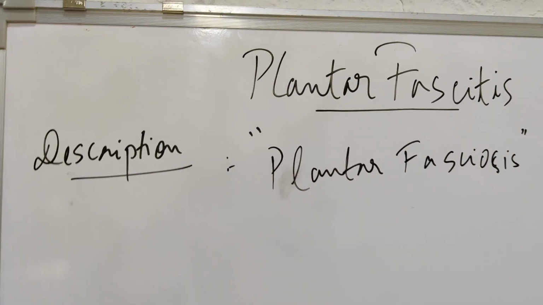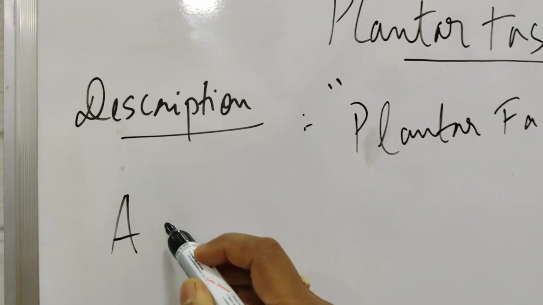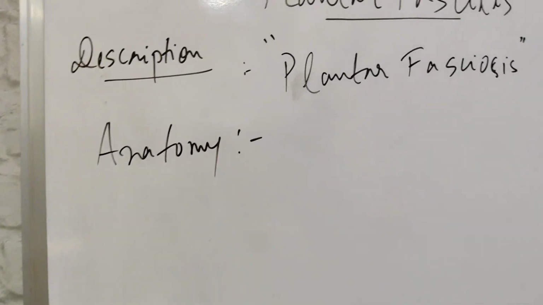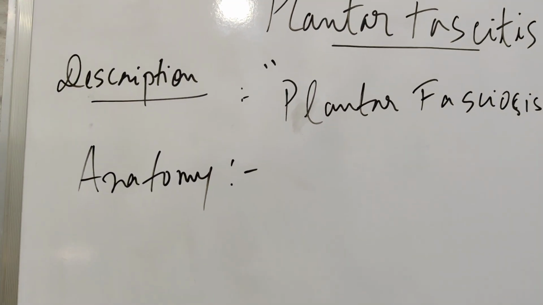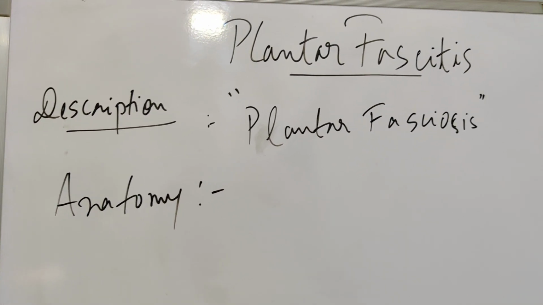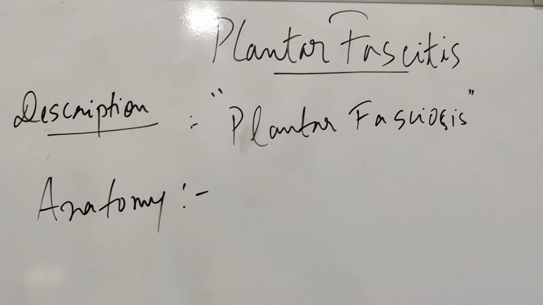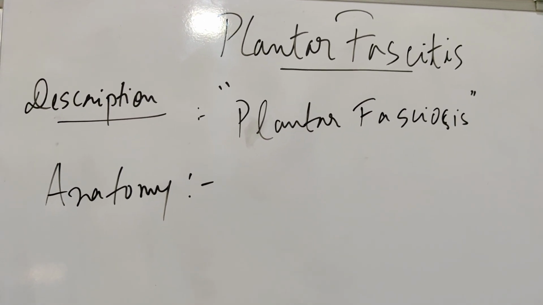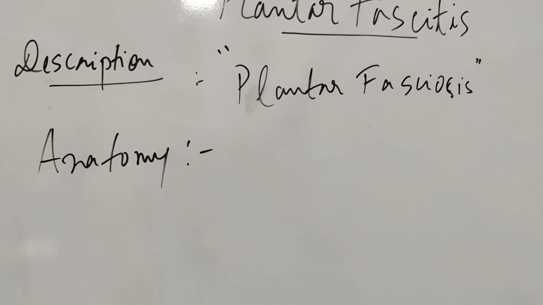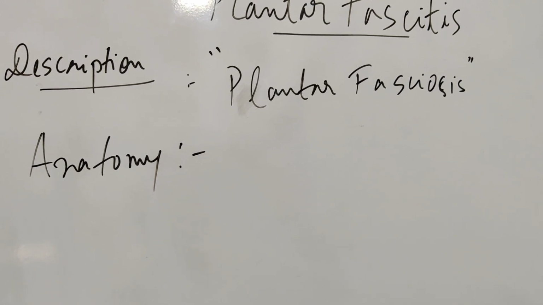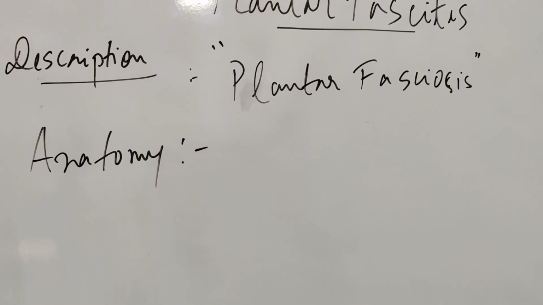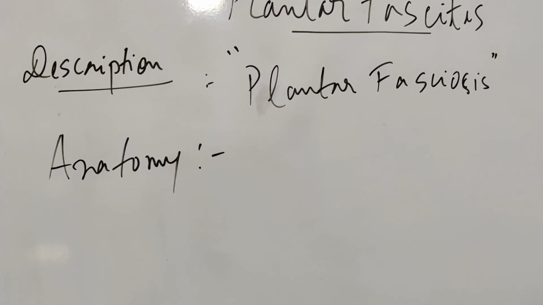Now let us come to the relevant anatomy. The plantar fascia is comprised of white longitudinally organized fibrous connective tissue which originates on the periosteum of the medial calcaneal tubercle, and it extends to a thicker central portion.